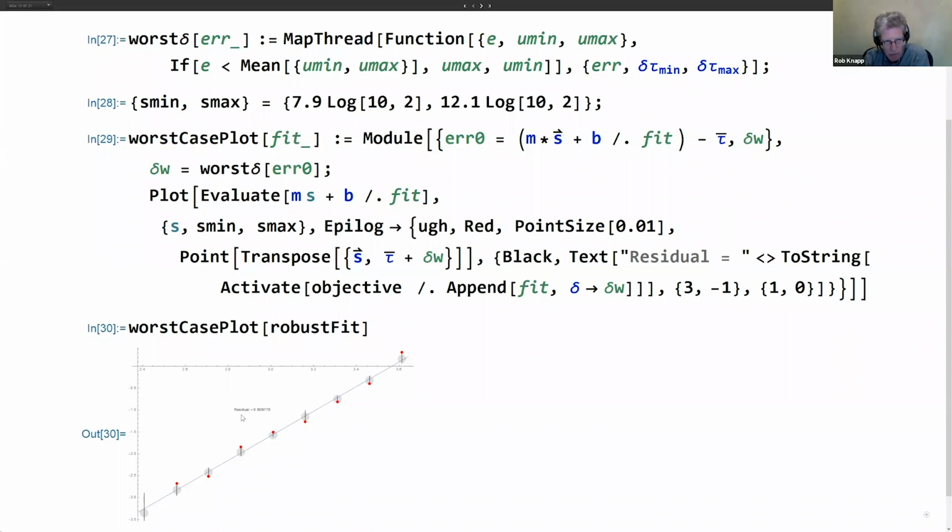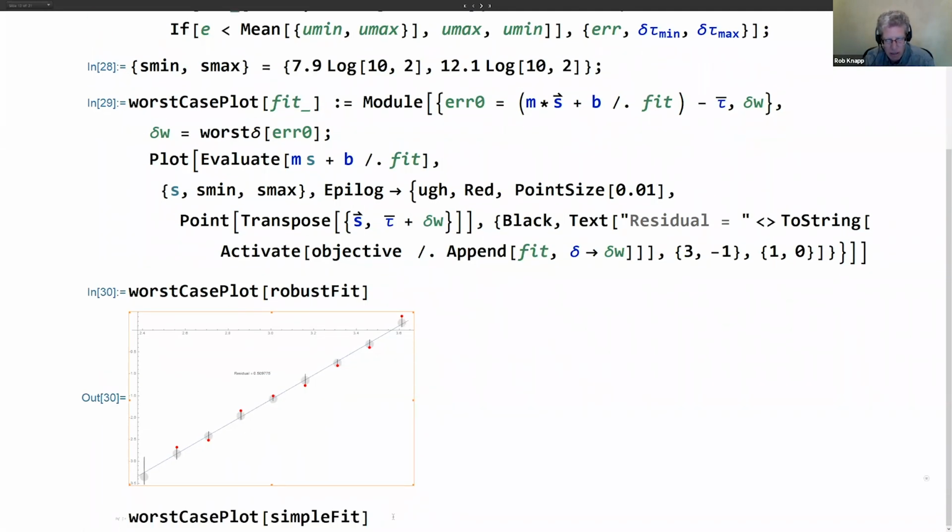When I do that for the robust fit, I get that residual, which is 0.509, which is exactly what the robust residual had given me. So for any value in the uncertainty, the most the residual is ever going to be is that value.